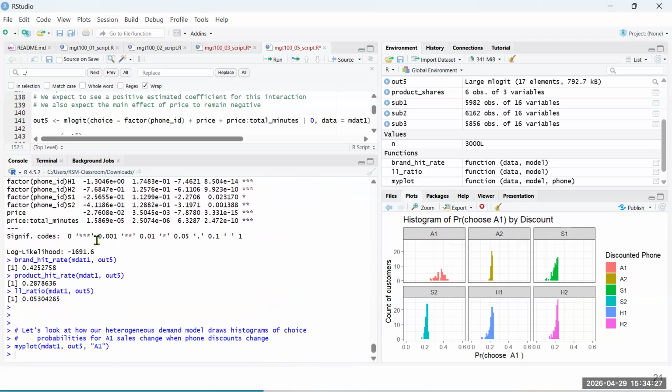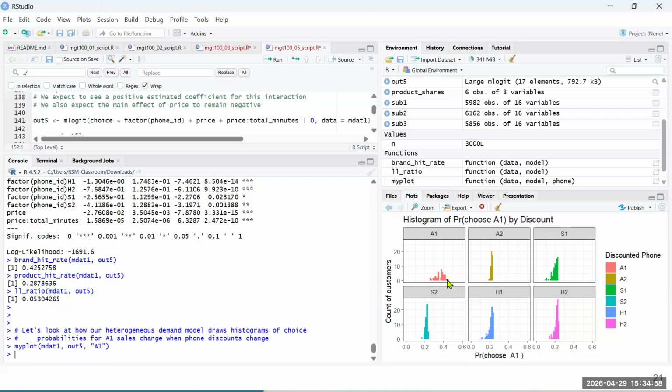And now that intercept, the comparable parameter is much larger. Well, in absolute value. And then the interaction is positive, meaning that people who use their phone more will be predicted to be less price sensitive on average. Both of those are highly significant.